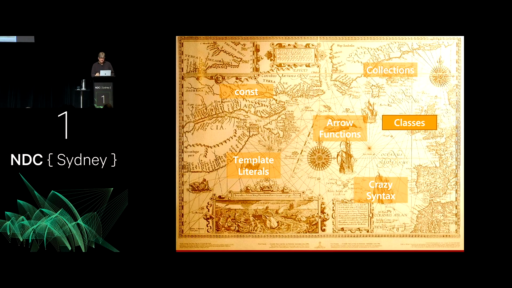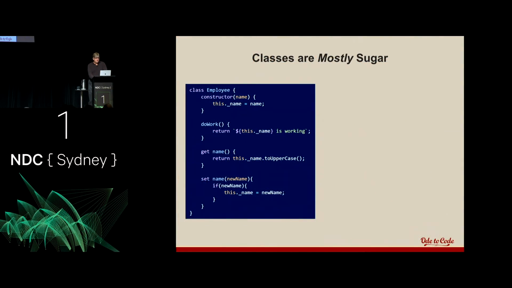Classes. This is where things start to get interesting again. So typically when people are teaching ECMAScript 2015 or describing these features, they tell you that classes are syntactic sugar for what we've always done.